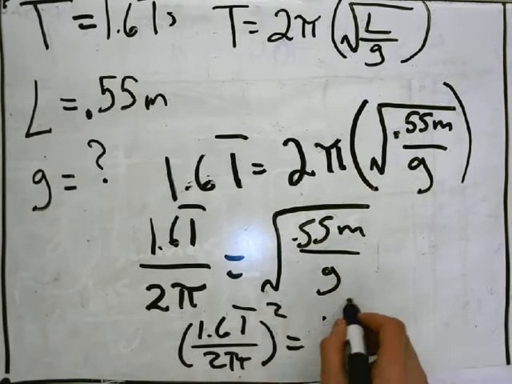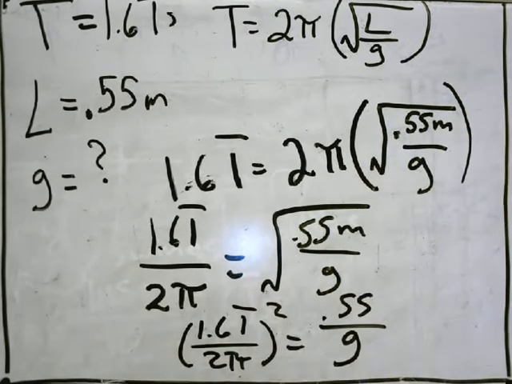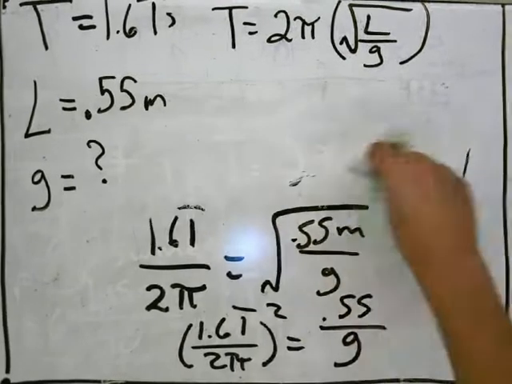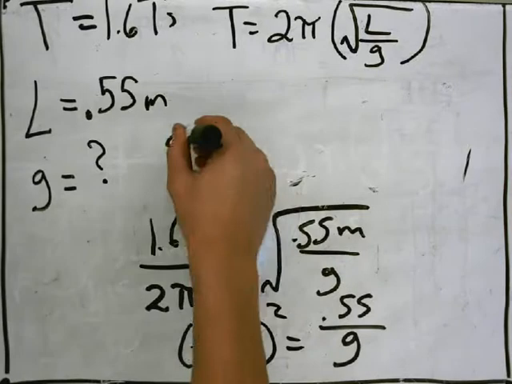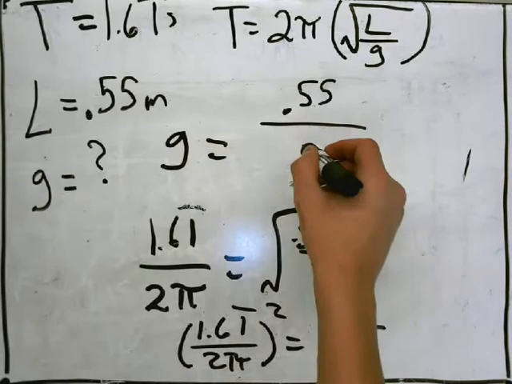So then we're just going to multiply both sides by g and divide both sides by this. So let me make some room up top again. So then we're going to get that gravity is going to equal 0.55 over 1.61 repeating over 2 pi squared.